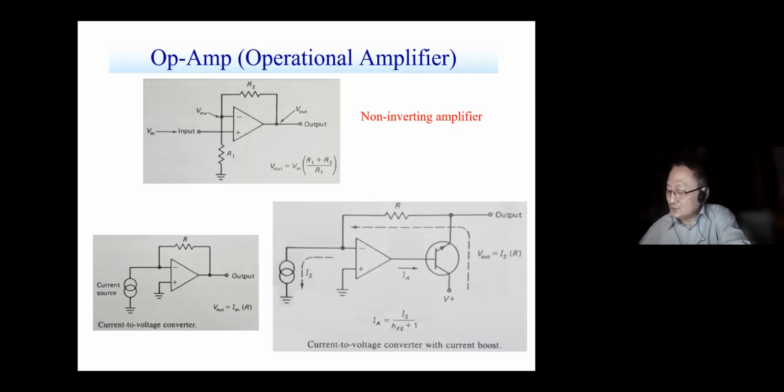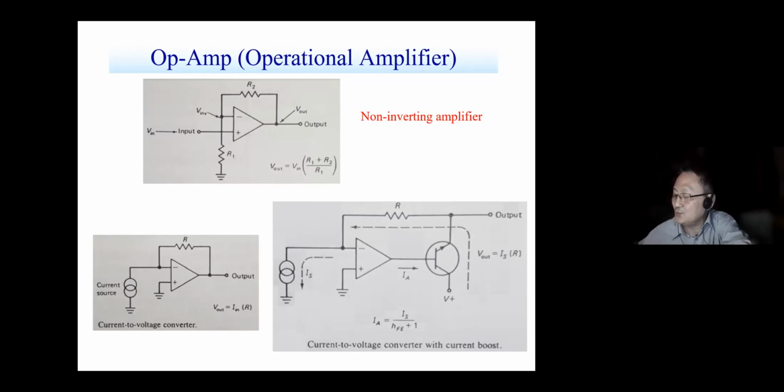Kalau saya gambar aslinya supaya nggak salah, ini adalah R2, ini R1, ini R2, R1. Outputnya itu dimasukkan ke bagian minus. Lalu ini ke bagian plus, ini adalah VI.